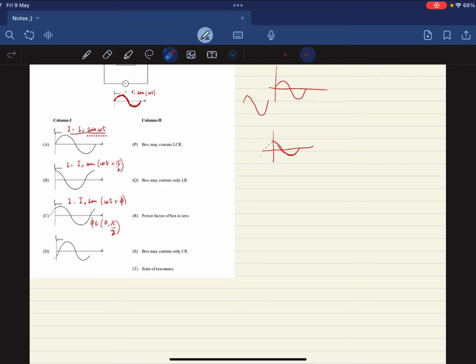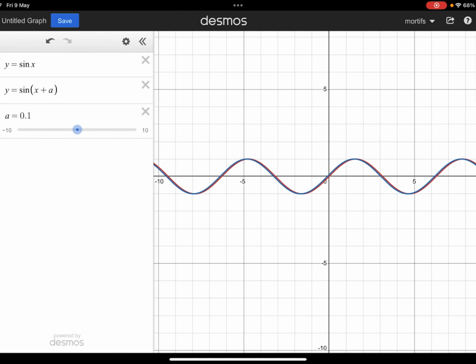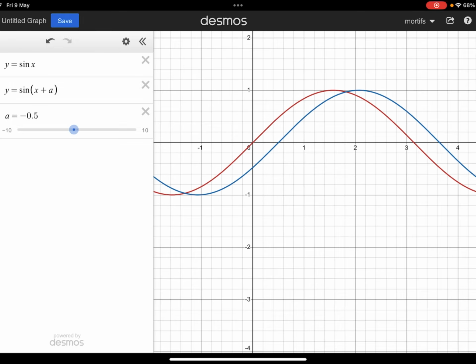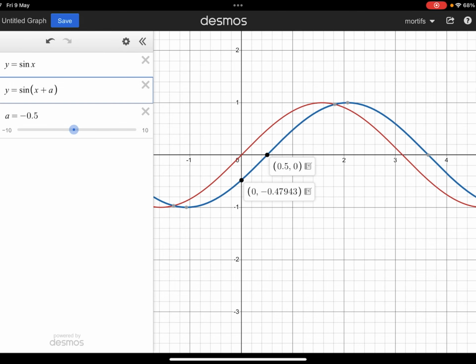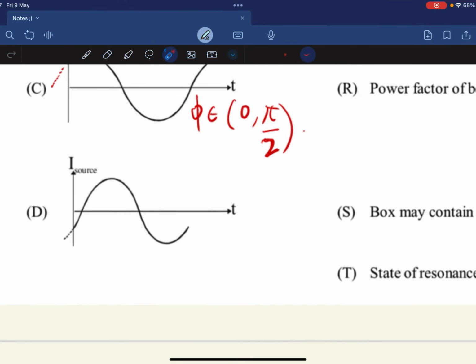So let's see what happens if we subtract. You can see that on subtraction the wave moves forward, the blue one moves forward, so we have to subtract something like this. The blue has moved forward, and we see this bit of graph as visible here.